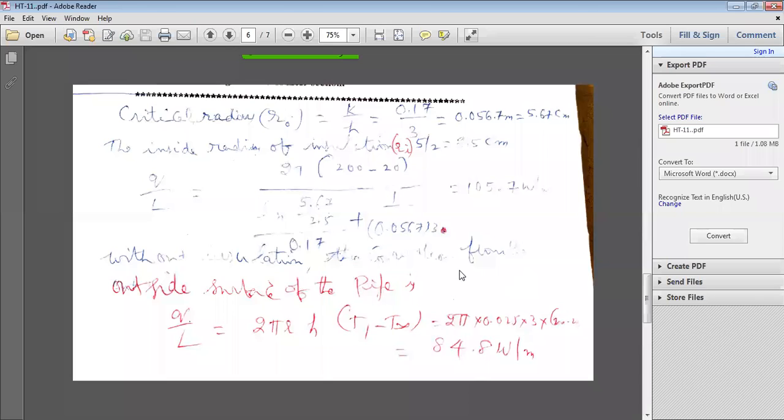Now without insulation, the convection is from the outside surface of the pipe. If there is no insulating material, heat is given from the pipe to the outside convective environment, that is convection heat transfer.